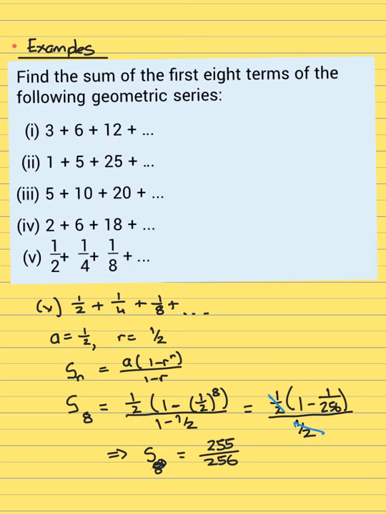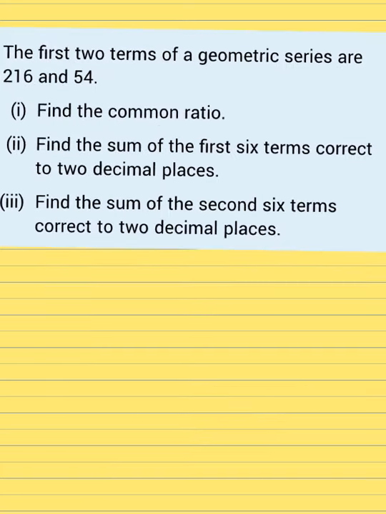And before you move on to the next part, pause the video and do part 2 of this question. In this question we're given the first 2 terms of the geometric series, 216, the second one is 54, and the first thing we're asked to find is the common ratio.